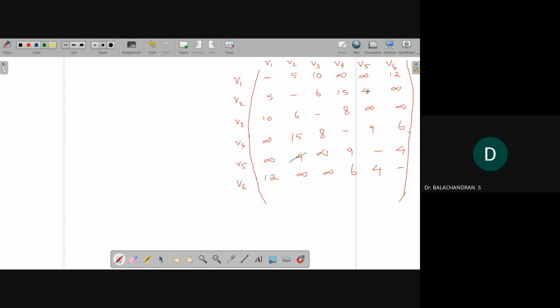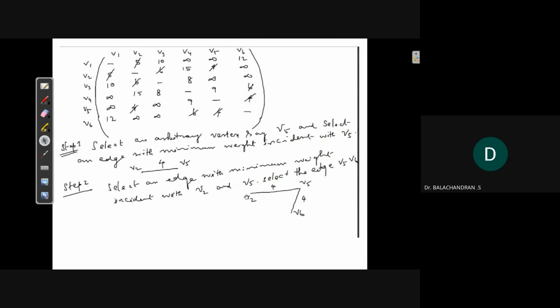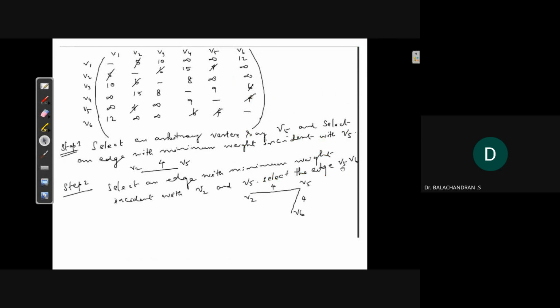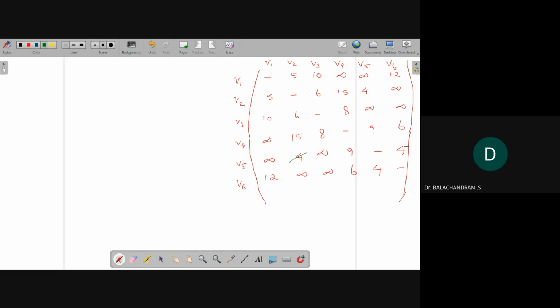There are two options because both are 4, and we need to consider only these two vertices. You can choose any one. I'll choose V5, V6, and put a cross here.